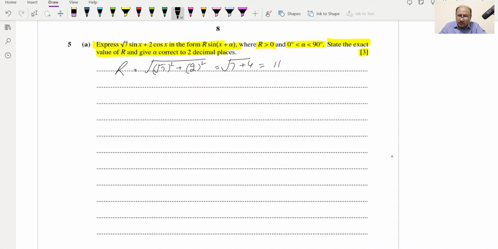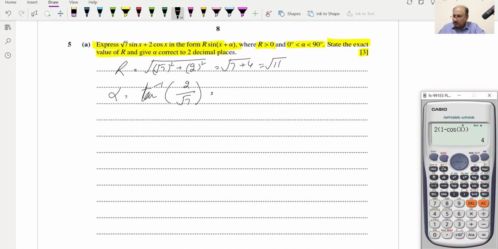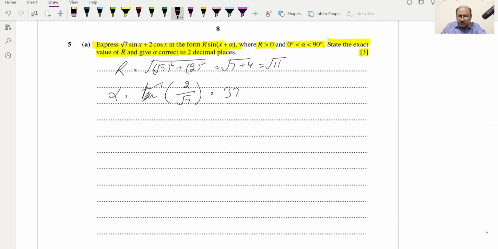So this will be the r value, and we can take alpha, which is equal to tan inverse of y over x, and here y is 2 and x is under root 7. So alpha is equal to tan inverse of 2 over square root of 7, and this we can write as 37.086, or 37.09 degrees.